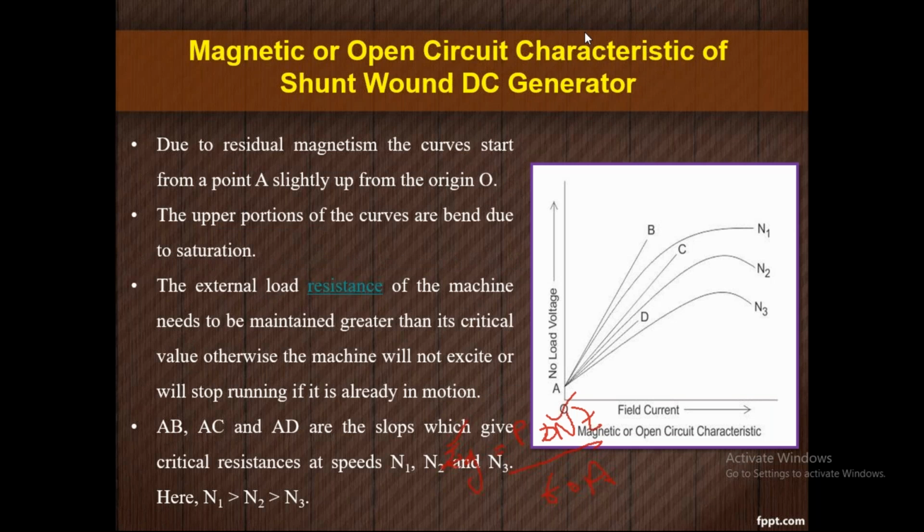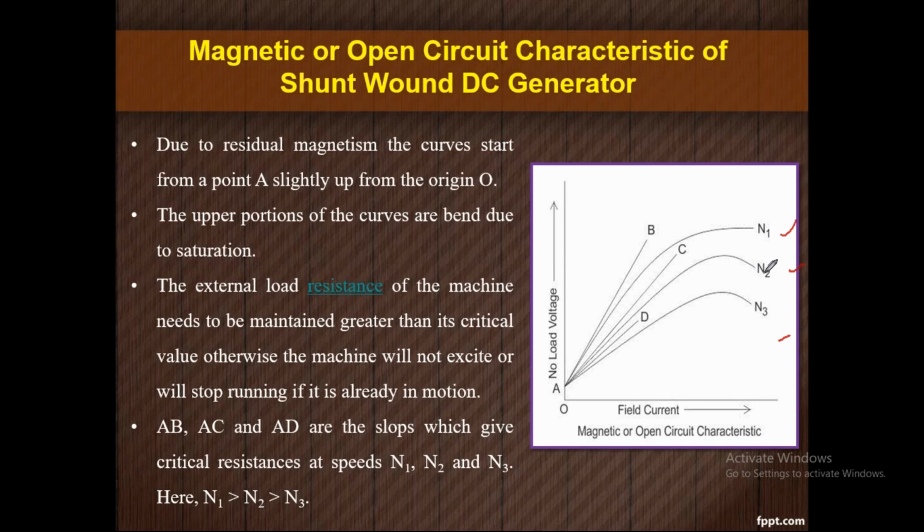Now see here, I am taking three different speeds N1, N2, N3. As said earlier, the EMF will be induced based on the speed at which the armature is rotating. If you compare N1, N2 and N3, N1 has the most speed, so it gets more induced EMF in the armature.